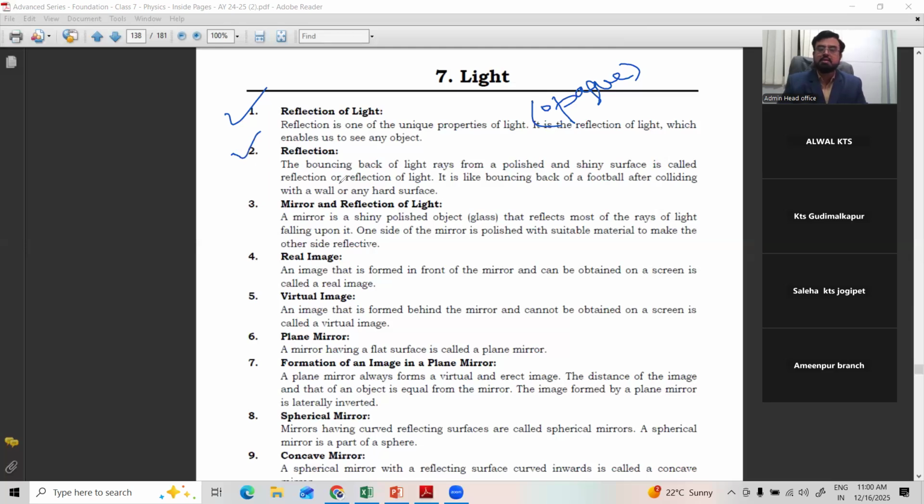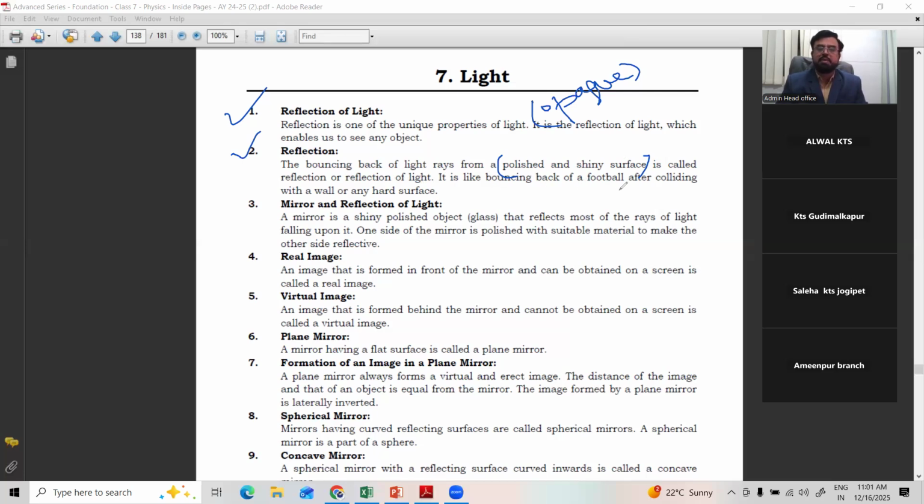So what is reflection? The bouncing back of light. What is bouncing back? Reverse. Just when you hit a ball against the wall, it will come back. Like that only, when light hits an opaque object, it will bounce back. The bouncing back of a light ray from a polished and shiny surface is called reflection of light.